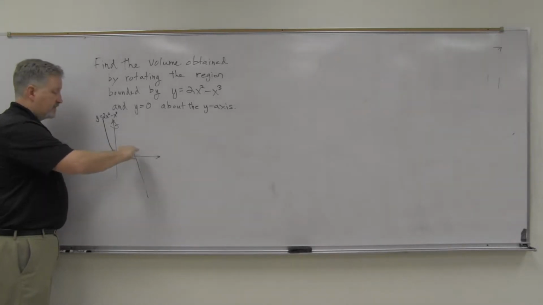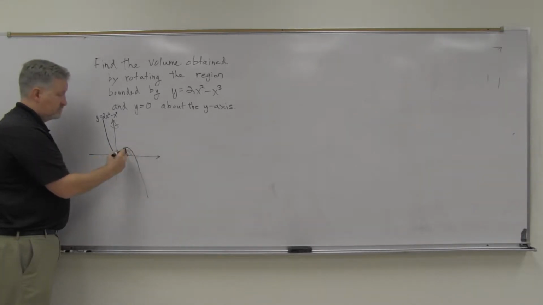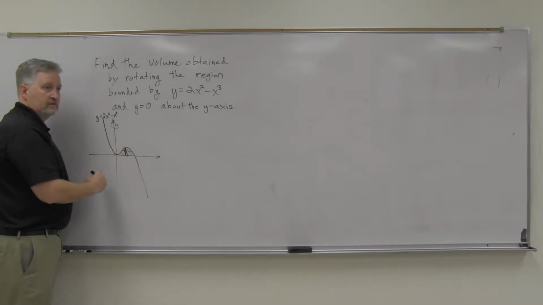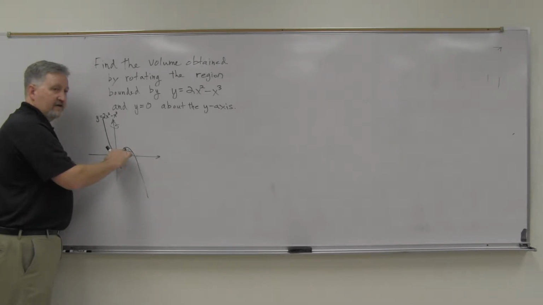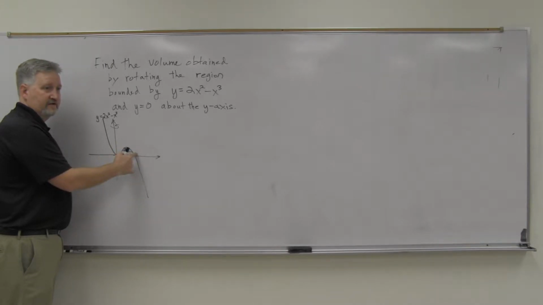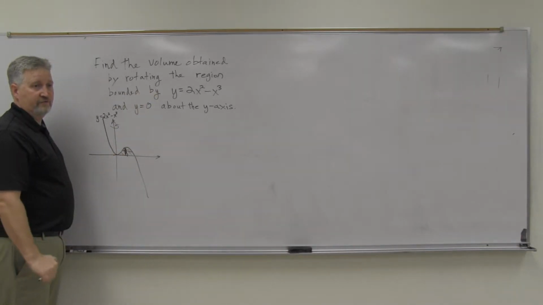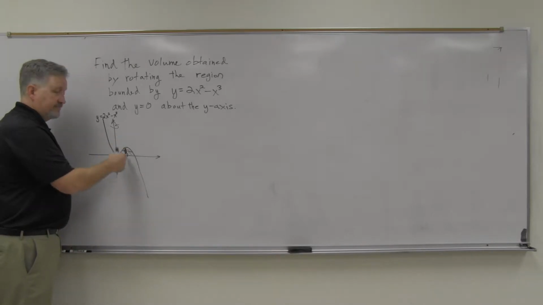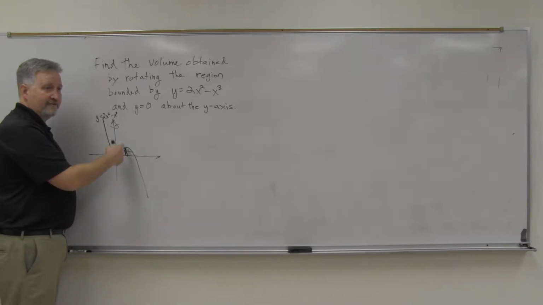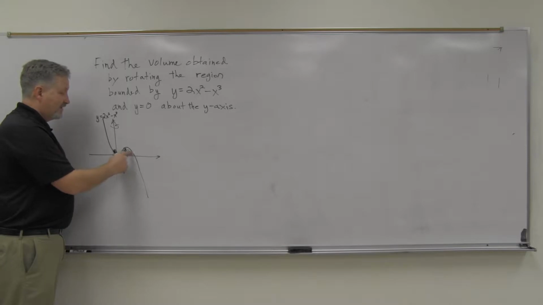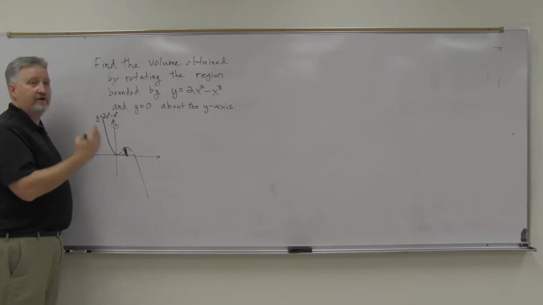If I do typical rectangles the other way, you see a problem? That's going from this side of the curve to that side of the curve. I'd have to figure out what this side of the curve is and what that side of the curve is, and that's going to be hard with that formula to do. So hopefully you're agreeing that it's going to be a whole lot better to integrate with typical rectangles this way, which means integrate with respect to x.